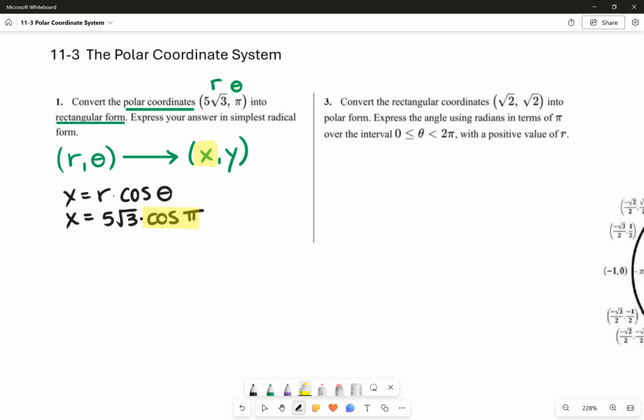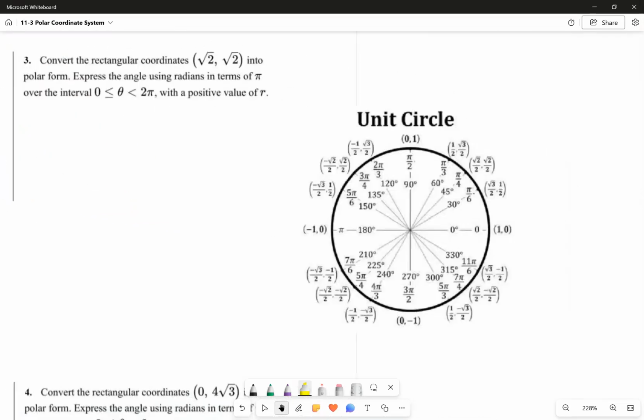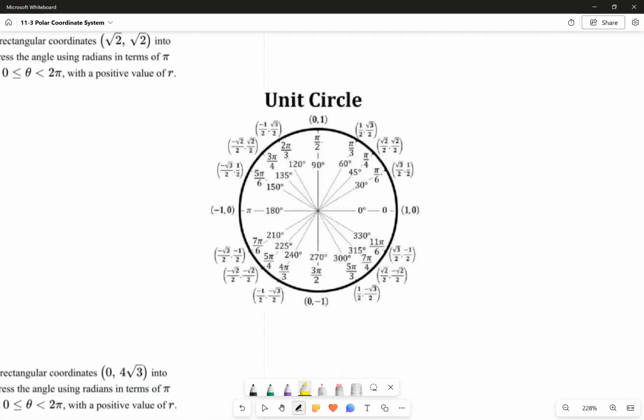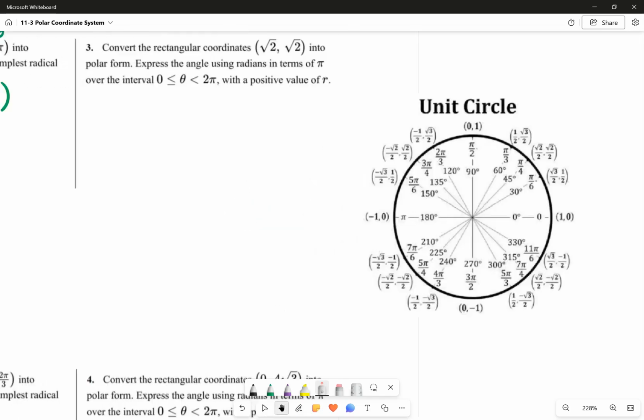Cosine of pi means that when you go to the unit circle, you are going to go to pi. So here's my pi right here. And cosine means you are going to look at the x value. Cosine is x, so it's -1.